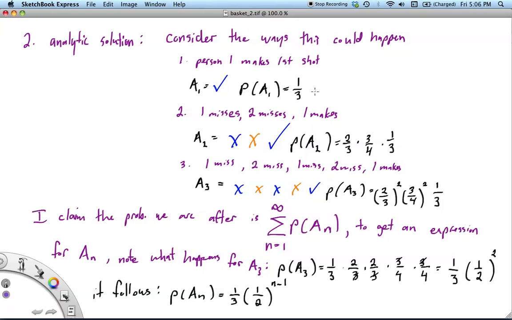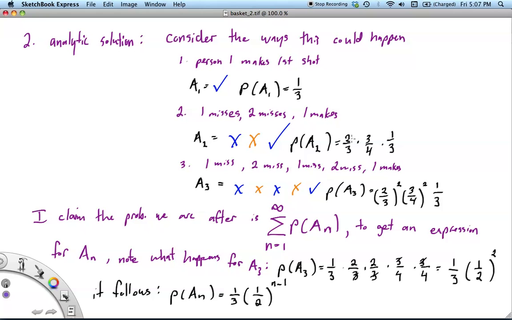Suppose that didn't happen. How else could person 1 win at this little game? Well, suppose person 1 missed, and then person 2 missed, and then person 1 made their shot. We're going to call that event 2, or A2. The way you would compute that probability is fairly straightforward. We have independent events occurring, so we can just multiply the probabilities.